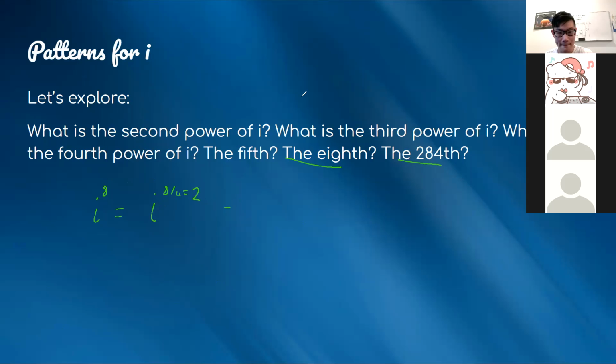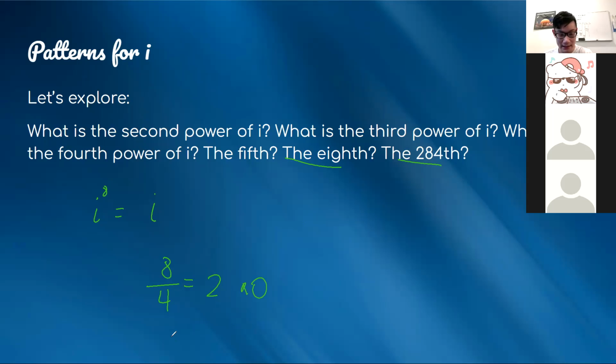Or sorry, you would take the remainder actually of this. So for example, if I took 8 and divided by 4, which is how many times it repeats, then we get 2 with a remainder of 0. 4 fits into 8 perfectly 2 times.